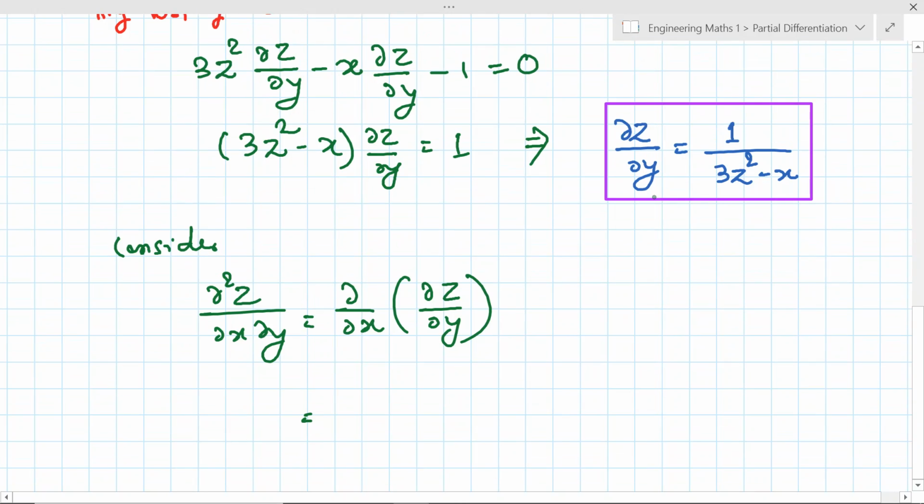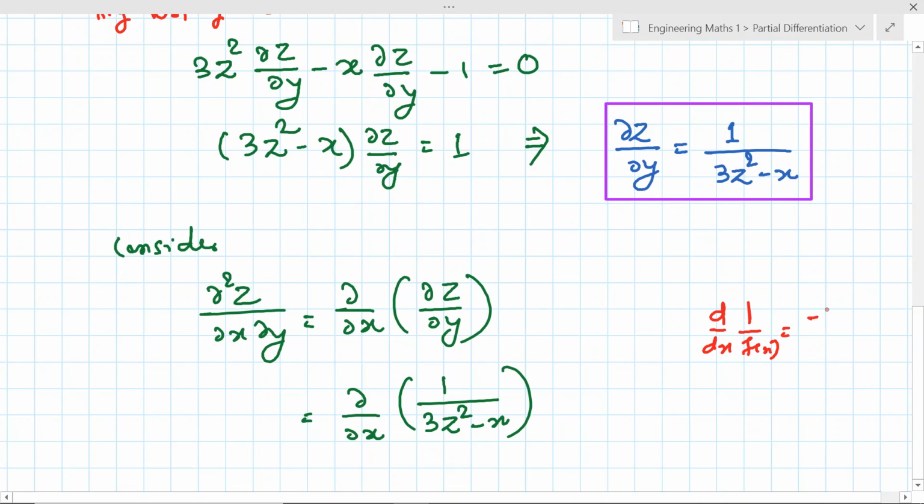Now it is here. See, in this box we have ∂z/∂y. So ∂/∂x of, in the bracket, 1 upon 3z square minus x. So this is 1 upon a function. What is the derivative of d/dx of 1 upon f(x)? It is minus 1 upon f(x) square into f dash of x, isn't it?